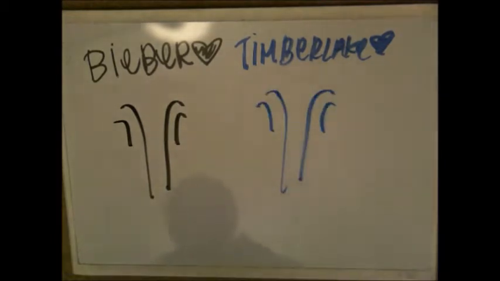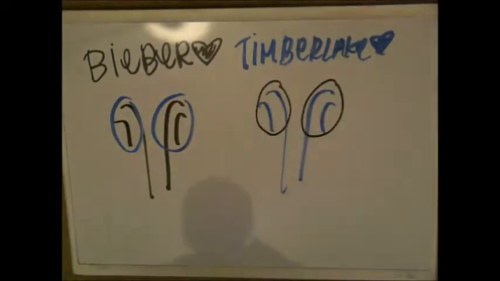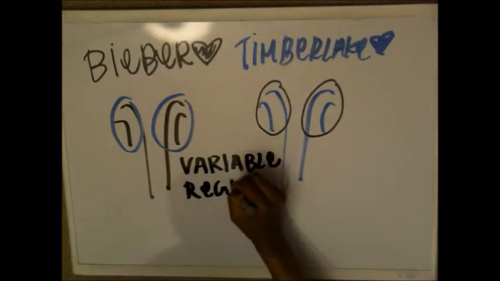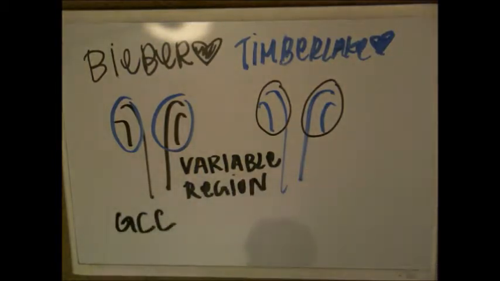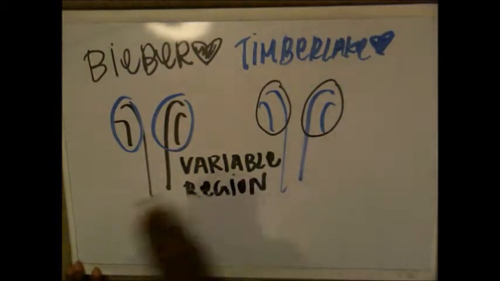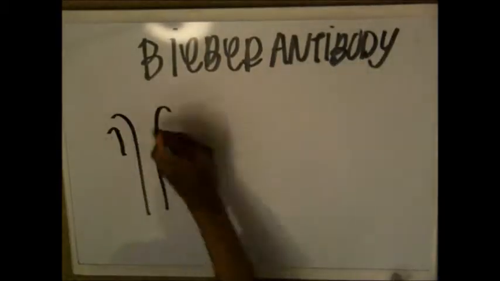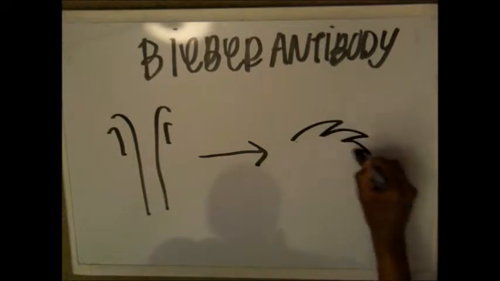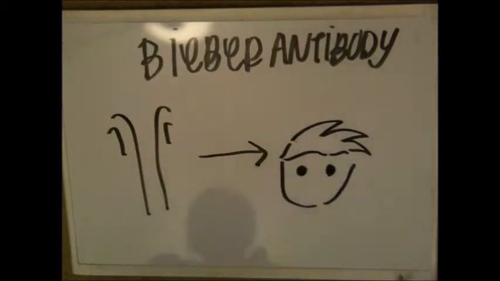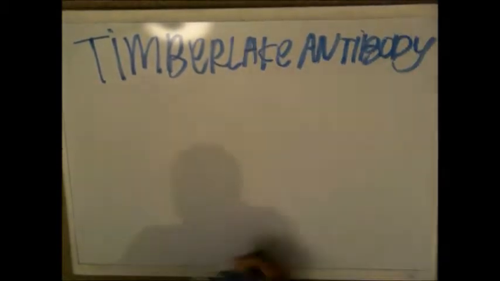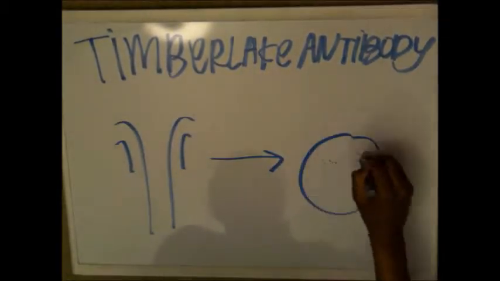But the variable region, which is located at the top of the antibody, while the constant region is located at the bottom, allows the antibodies to recognize different molecules. So antibody Bieber might only recognize Bieber molecules, while antibody Timberlake recognizes only Timberlake molecules.